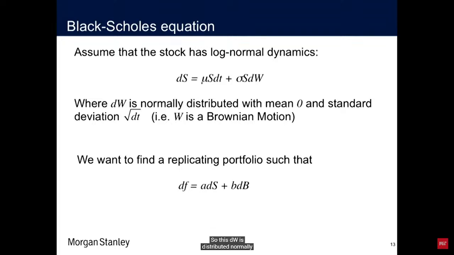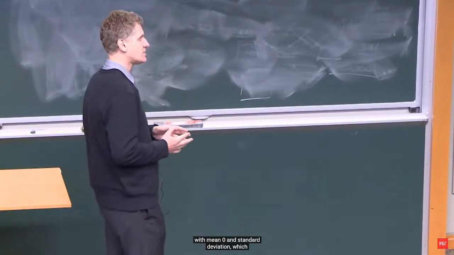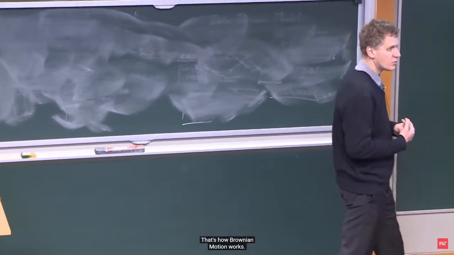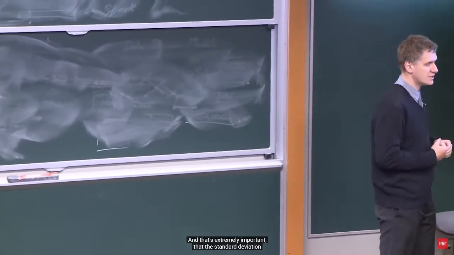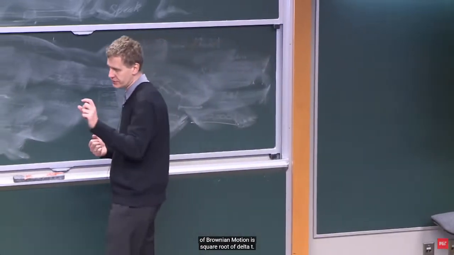So this dW is distributed normally with mean 0 and standard deviation, which is actually square root of dt. That's how Brownian motion works, and it's extremely important that the standard deviation of Brownian motion is the square root of delta t.